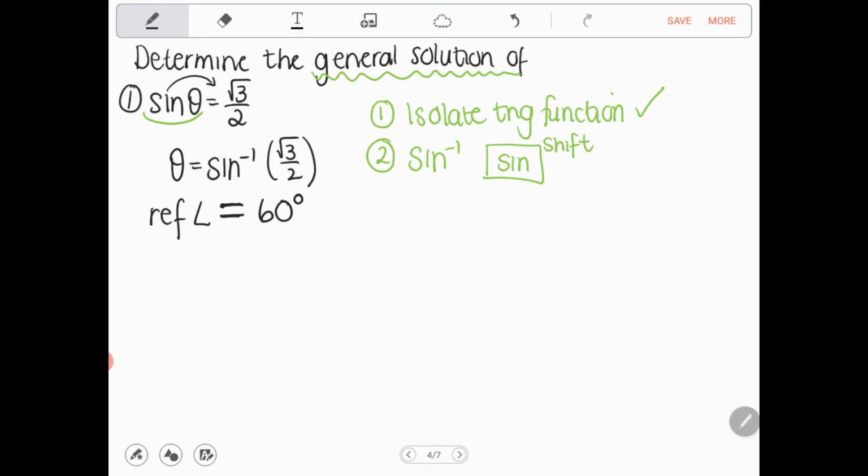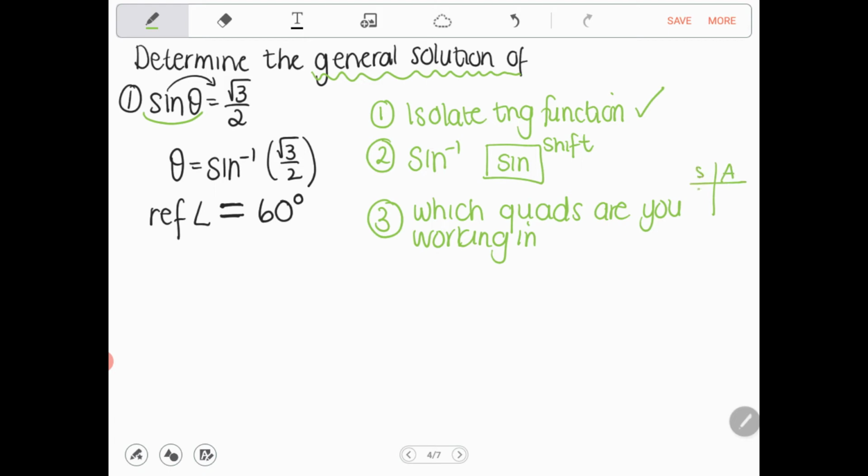Now, I spoke about a sign in the, which quadrants are you working in? Okay, so here's your CAST diagram. You look at the sign in front of your ratio before you find your reference angle. So after you've isolated your trig function, what sign is in front of your ratio?